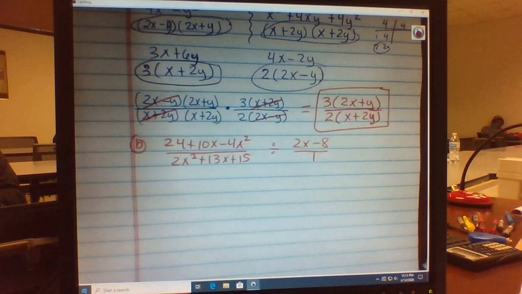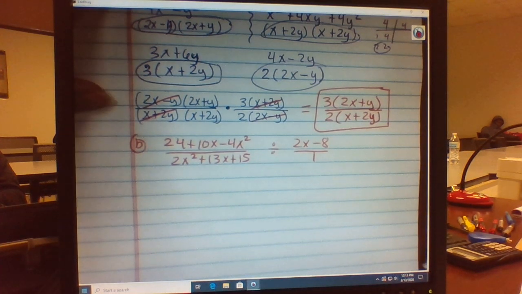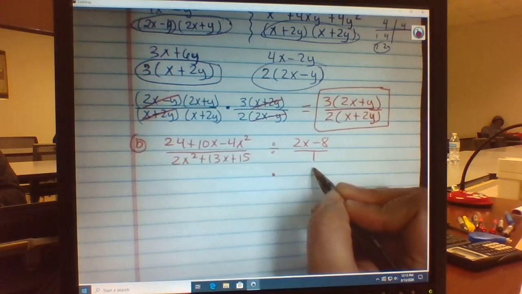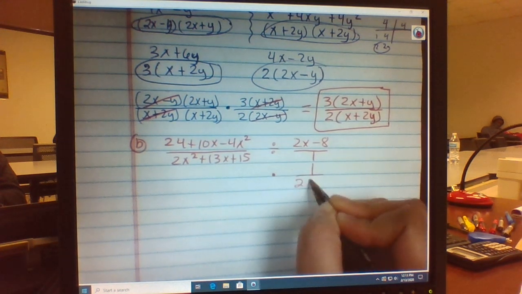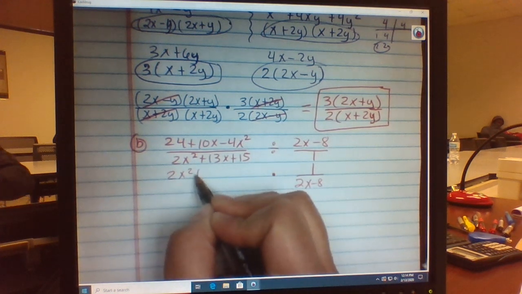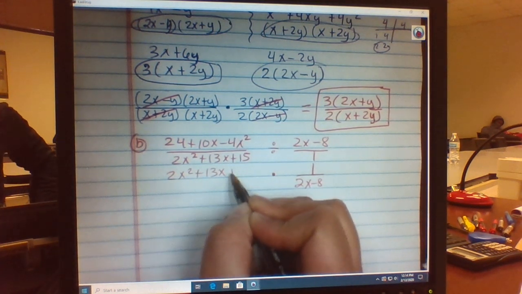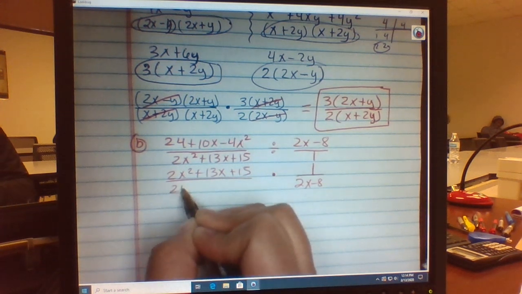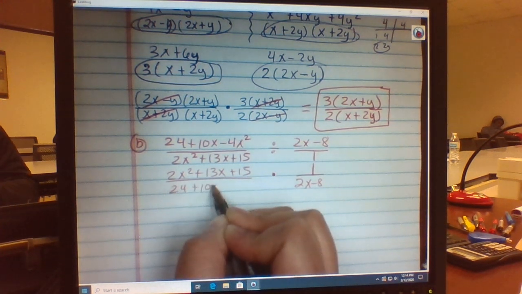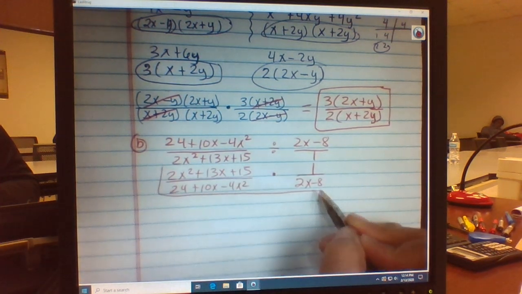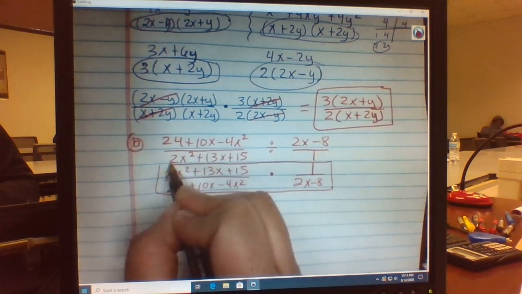Right now it's on top. But when we have to do the rule of keep, change, flip, this is going to become 1 over 2x minus 8, 2x squared plus 13x plus 15 on top, 24 plus 10x minus 4x squared. This is the problem that I need to do.